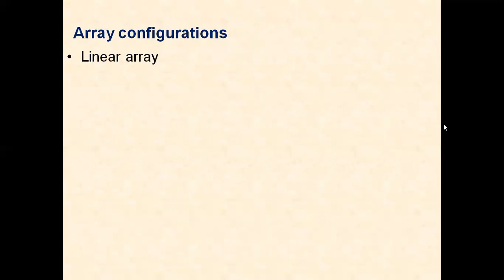So we have array configurations. Linear array, as we have already seen: an antenna array is said to be linear if the individual elements are equally spaced along a straight line. Take a straight line, put all the elements of the array at equal spacing, then we call it a linear array.